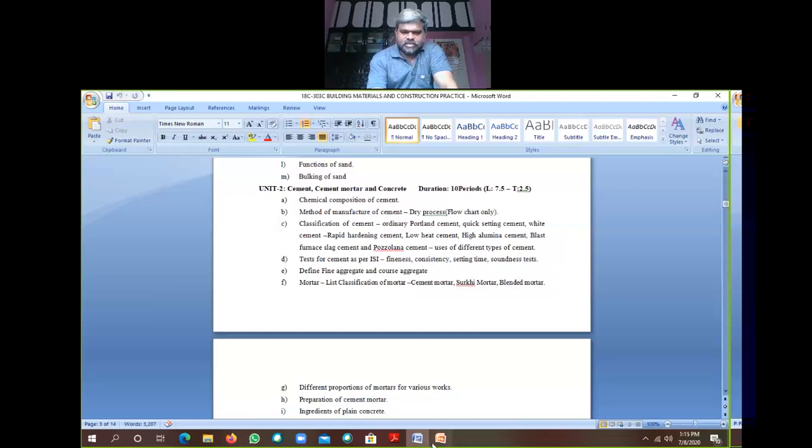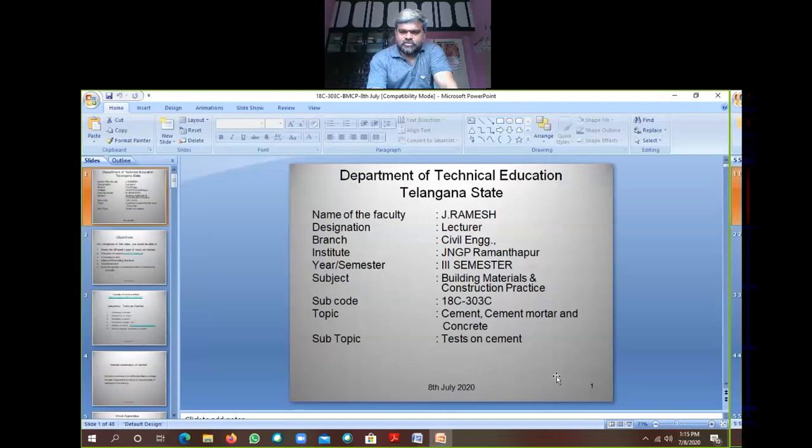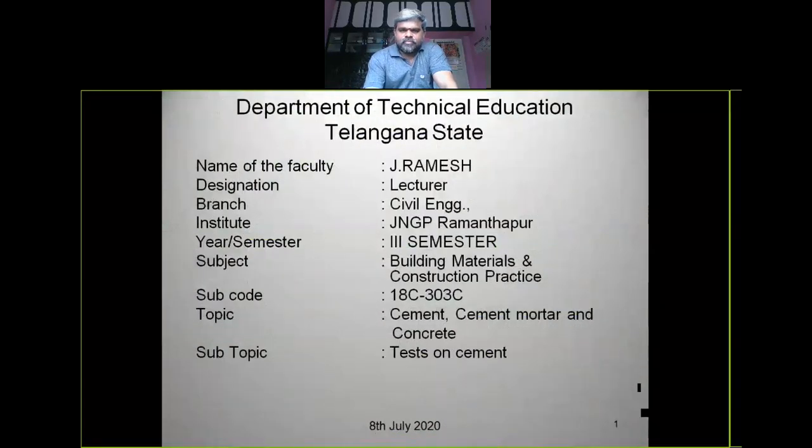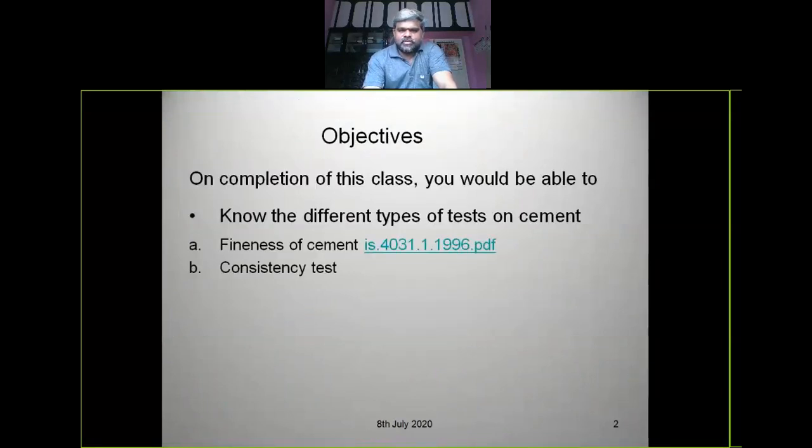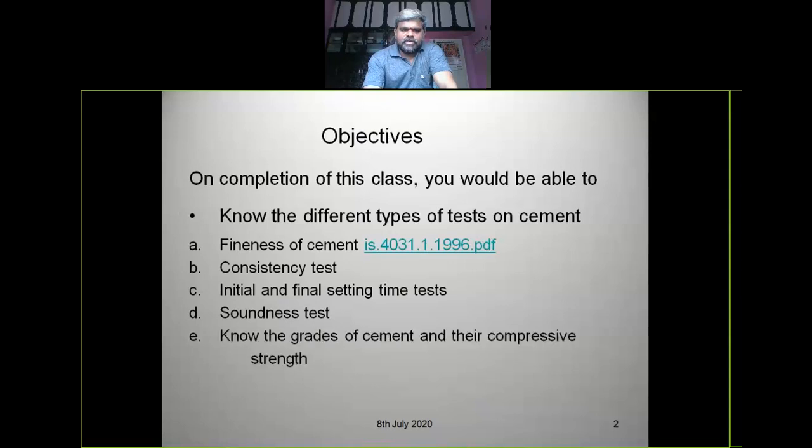Let us concentrate on today's objectives. Generally, many tests are conducted on cement, like specific gravity test, initial setting time test, final setting time test, consistency of cement, soundness test, and also compressive strength of cement.